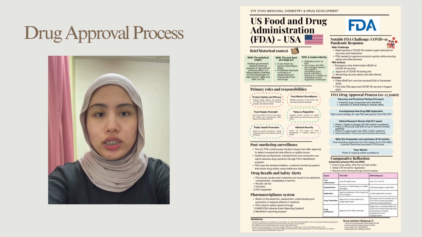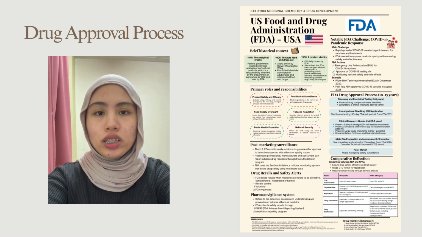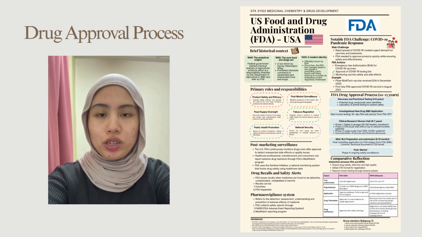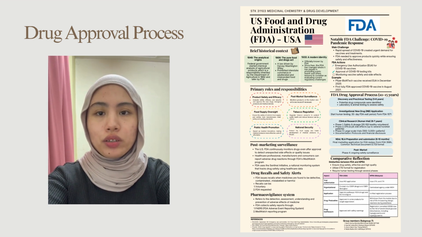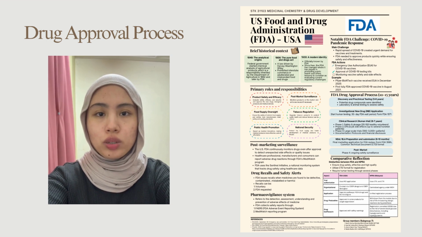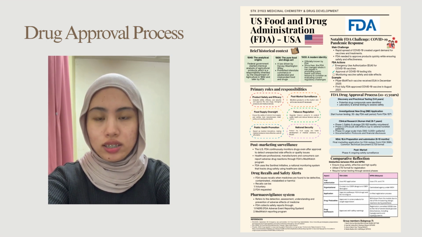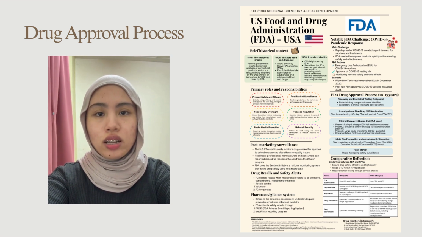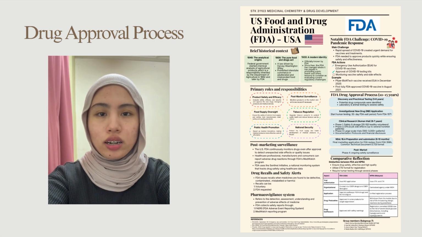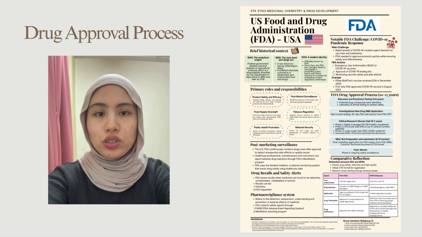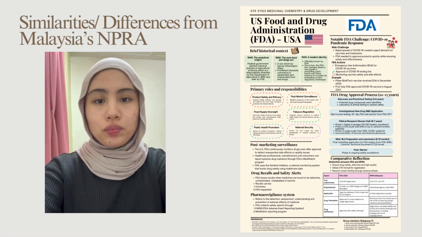After successful trials, the company submits an NDA or BLA, which includes all the clinical data, manufacturing details, and labeling information. The FDA will carefully review all the data before making a final decision. If everything meets the standards, the drug is officially approved and allowed on the market in the United States. The overall process takes around 10 to 15 years due to the strict safety requirements.